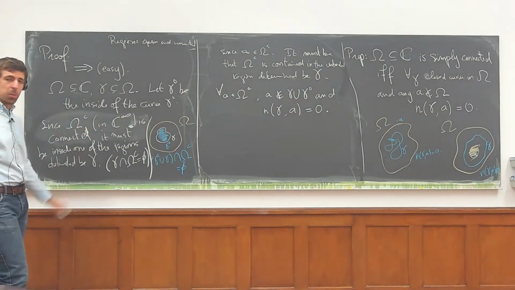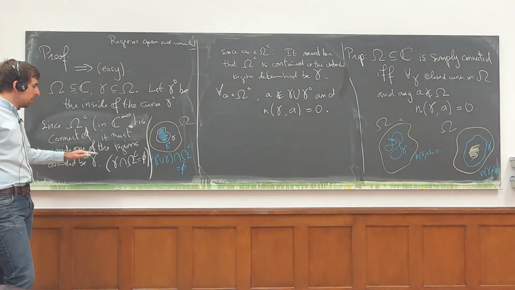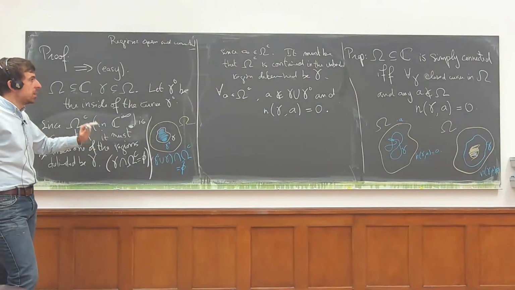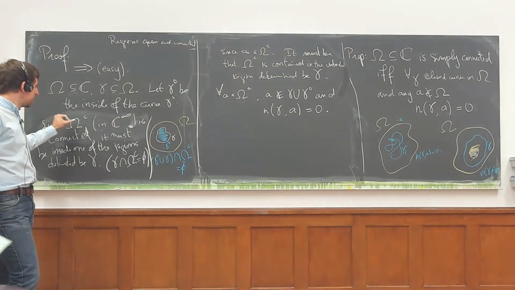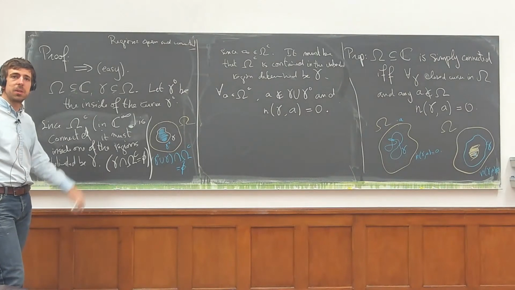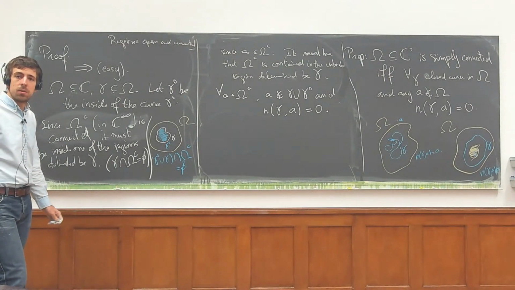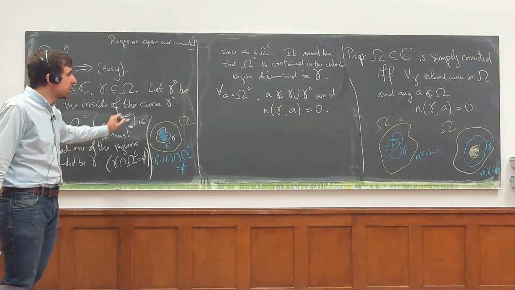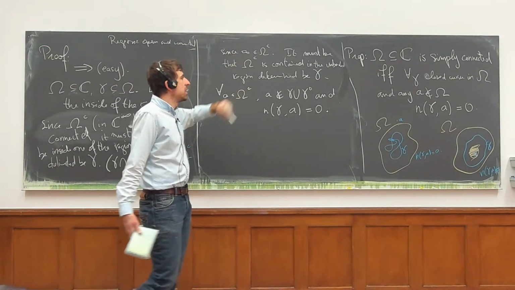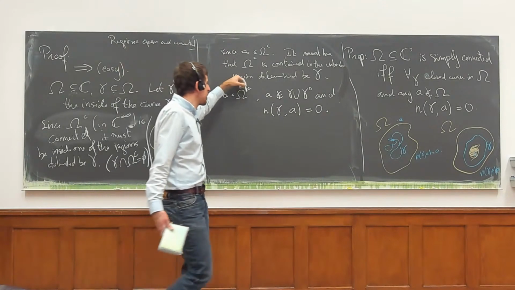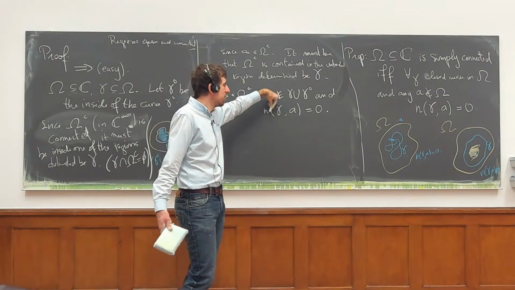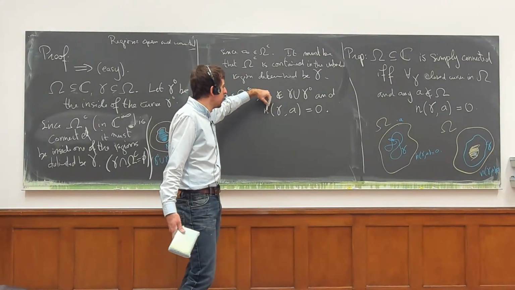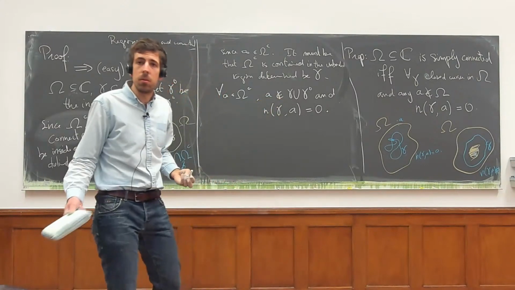But it must be inside one of these regions. And because the point at infinity is in omega complement, it must be in the unbounded region. And so we know that any point in the unbounded region determined by a curve has winding number 0.